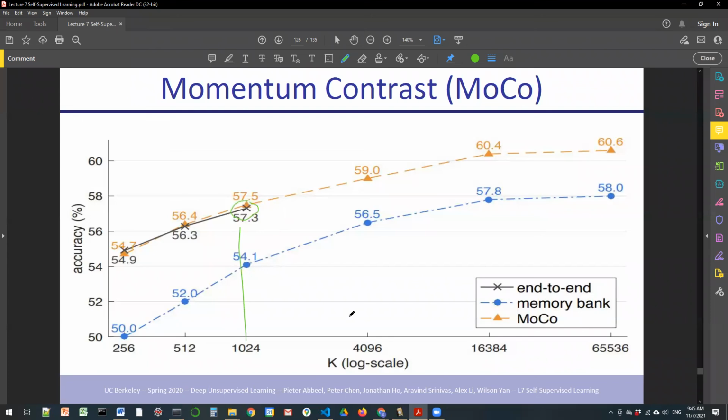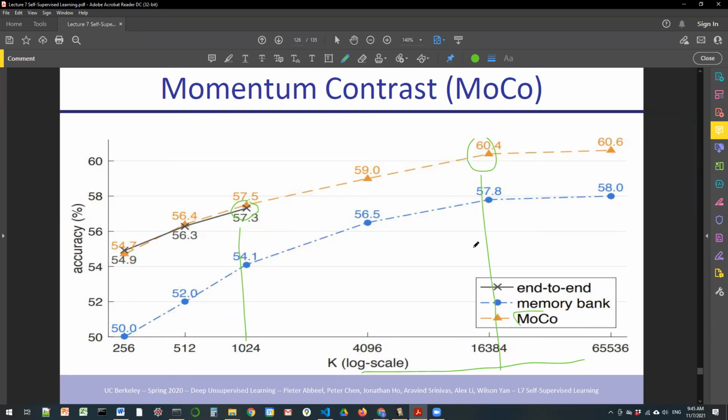They stopped at about 1024, but if you use the memory bank and MoCo, you can see that they scale fairly well with the number of negatives that you use, and the accuracy continues to grow. At some point in this regime, it tends to flatten, and MoCo, which is the momentum encoder, gives you even better results than the memory bank based approach, right?